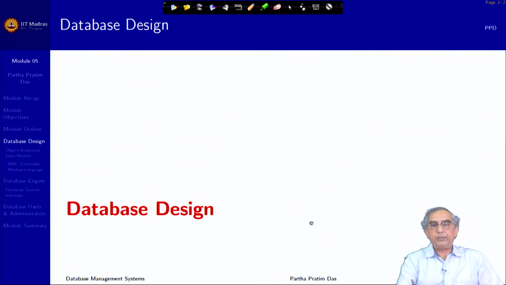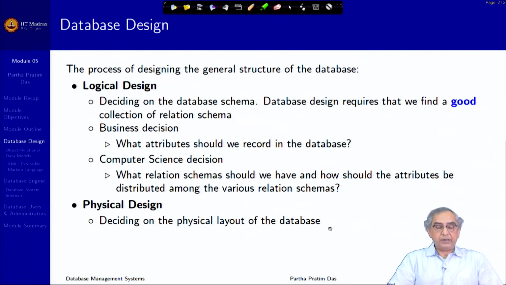So, talking about database design, we talked about it earlier too. This is more for continuity that I reiterate that a database design process, the general structure has two components.